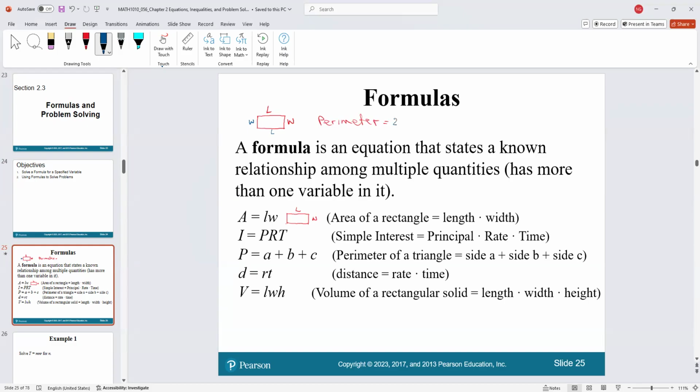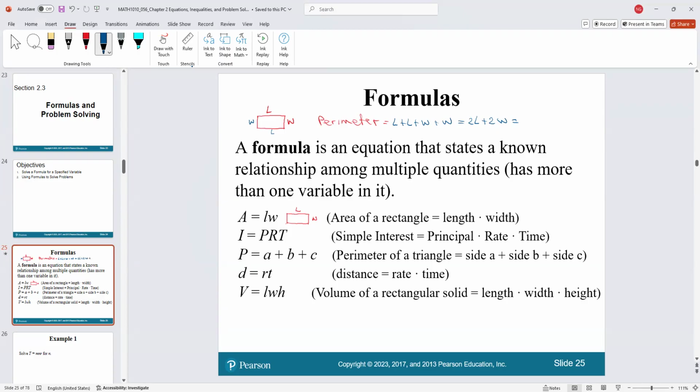So you're going to have 2L, because you need to add up all the sides. You can do L plus L plus W plus W. So one L plus one L gives you 2L. One W plus one W gives you 2W.